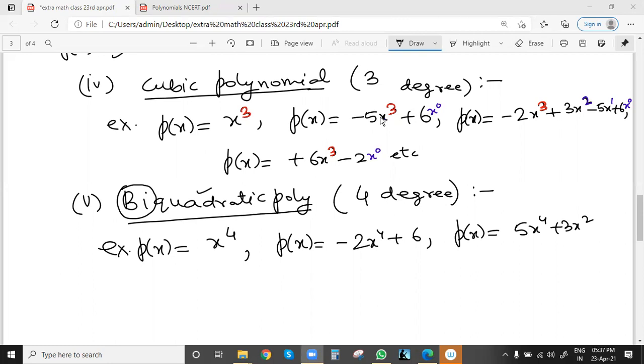I've removed that 1%. One second. So biquadratic polynomial. 1 second. How you can clear 1 second?